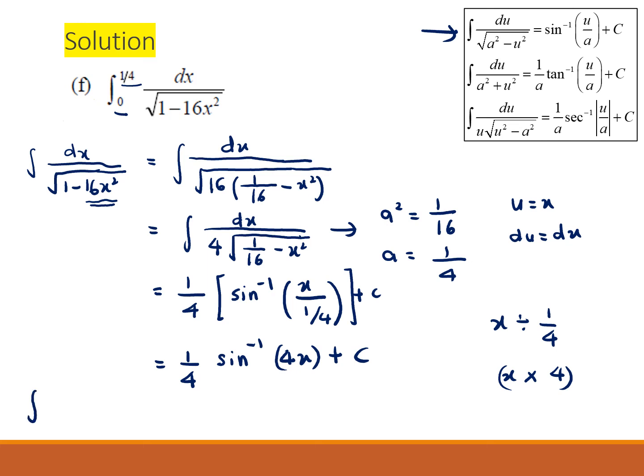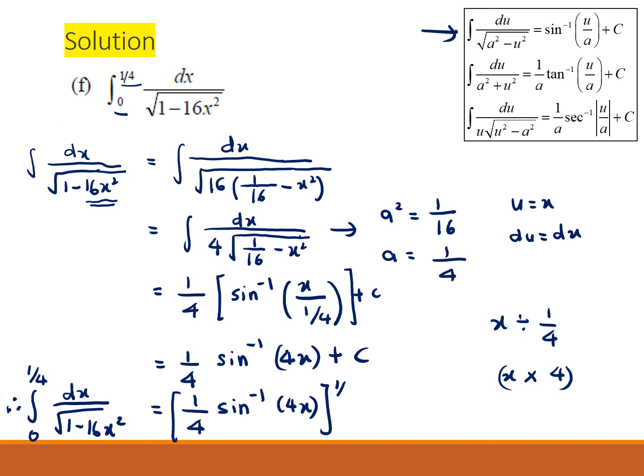So in order to do this, we have to substitute x with 0 and one quarter, where this will be the integral of dx over square root of 1 minus 16x squared, equals 1 over 4 arcsine of 4x, from 0 to 1 quarter.